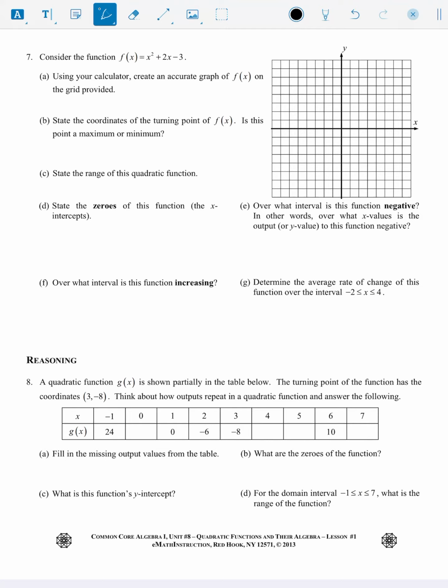If you're looking at it, it looks as though I'm going to start at -4 as my x values. And my y values listed are 5, 0, -3, -4, -3, 0, 5, 12, and 21.